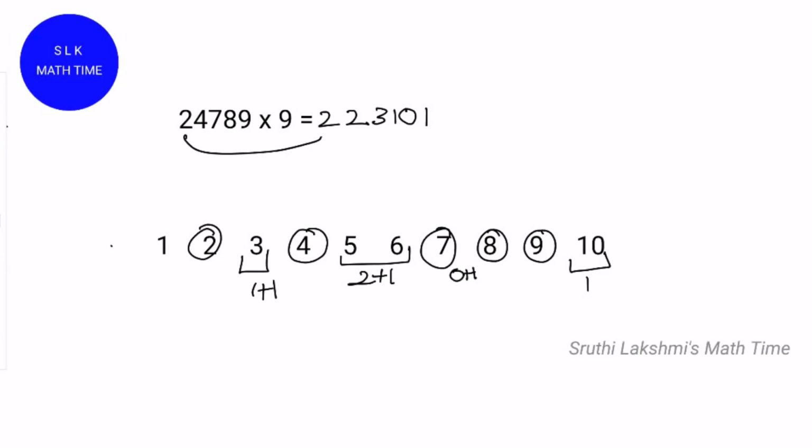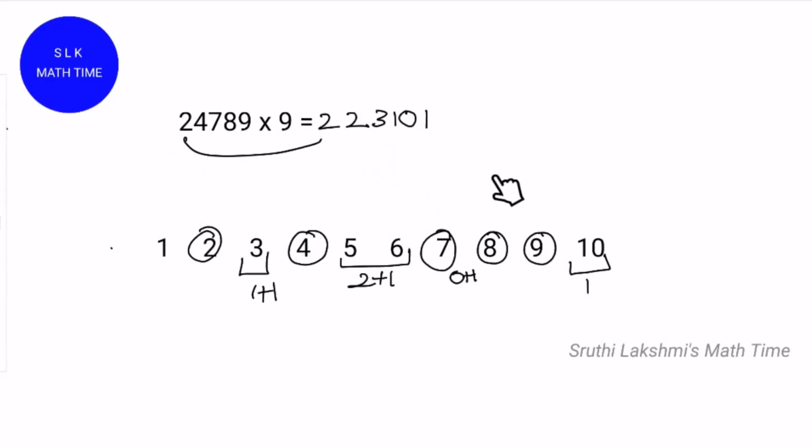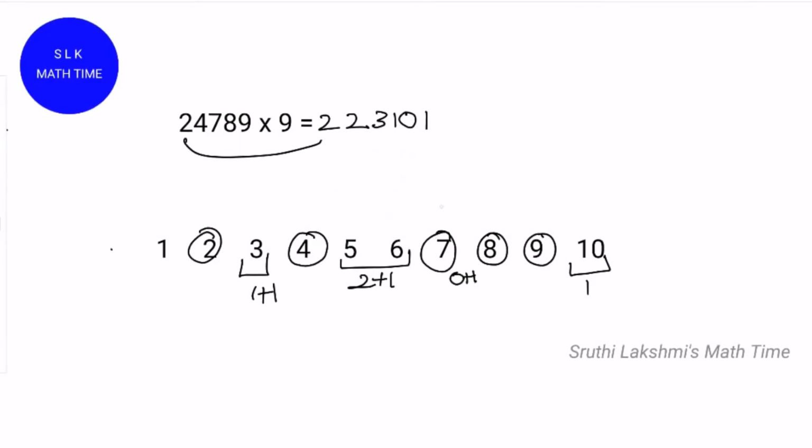And this method only applies to numbers with digits from least to greatest. So 12345 into 9 will work, but 3629 into 9 won't work.